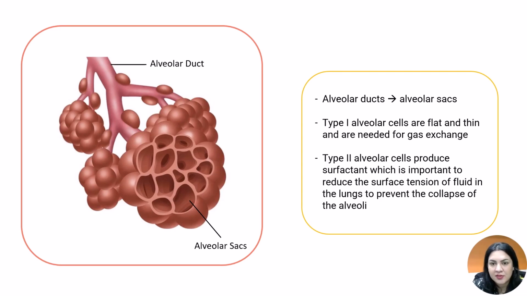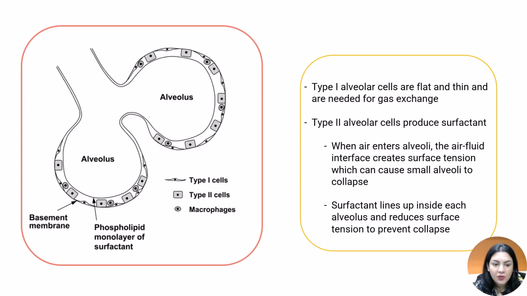These type 2 alveolar cells are simple cuboidal cells, and the surfactant they produce is very important because it helps reduce the surface tension of the fluid within the lungs, right? By doing so, the surfactant helps prevent the collapse of the lungs, or the caving in of the alveoli, and ensures that the respiratory system maintains its efficiency and functionality. So we went from having simple cuboidal cells that line the primitive alveoli to now having two different types of cells, right?